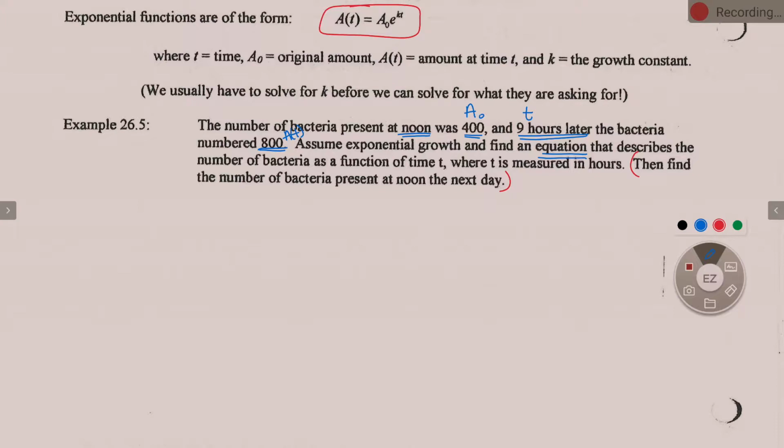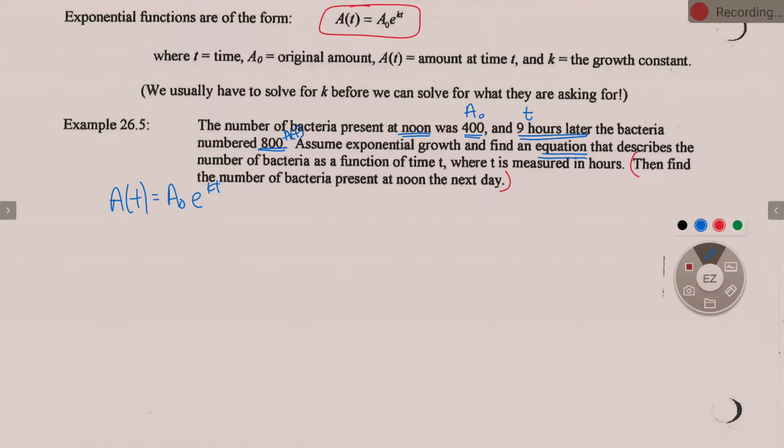So, if we fill in our equation up there. Okay, we were given the equation A of t equals A naught e to the kt. What do we know? We know everything except k.